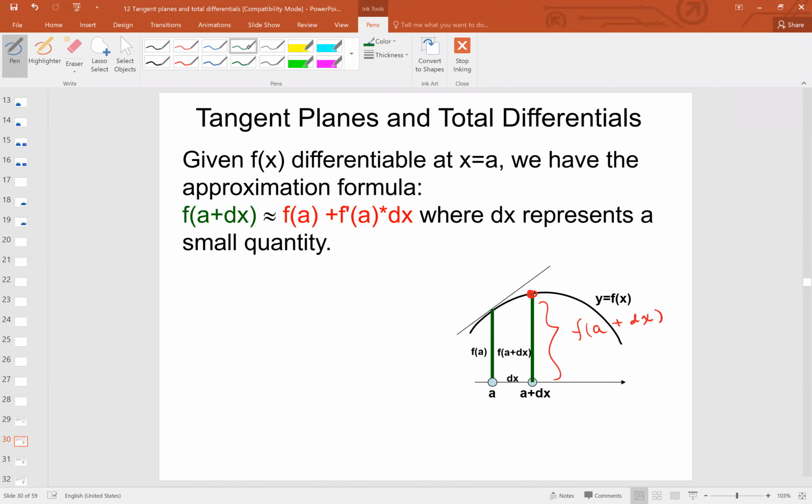But the easier thing to do, of course, is instead of finding what this value is, we proceed all the way to the tangent line. The way we do it is by looking at the difference between the two y values at a and a plus dx.